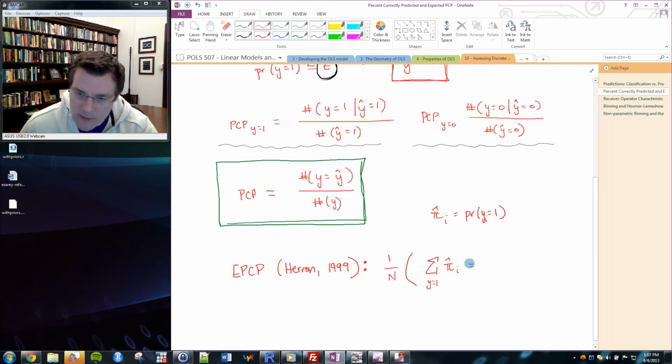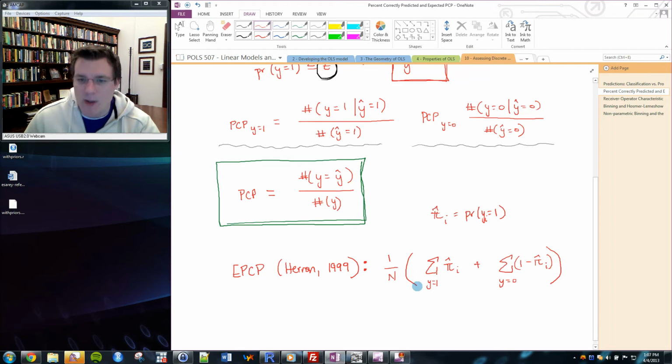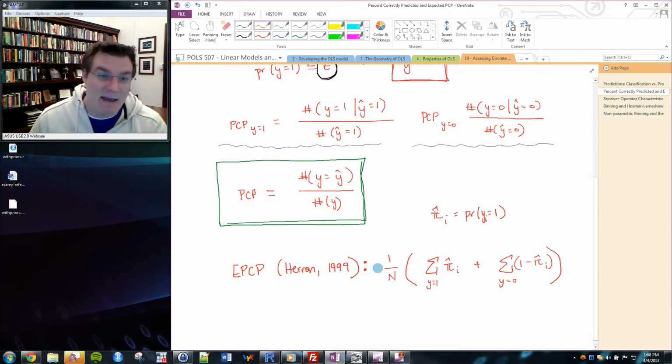And then, to that, you add the sum for all the y equals 0 cases of 1 minus pi hat i. So in essence, you add up the probabilities for all the times you would have correctly predicted a 1, and the probabilities for all the times you would have correctly predicted a 0, and divide by n to get the expectation, and that's your expected percent correctly predicted.